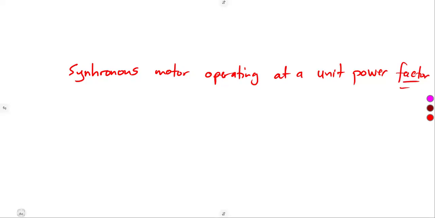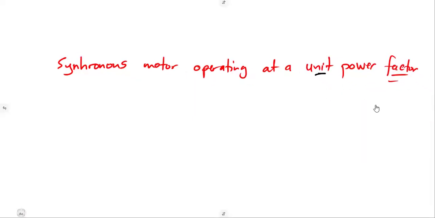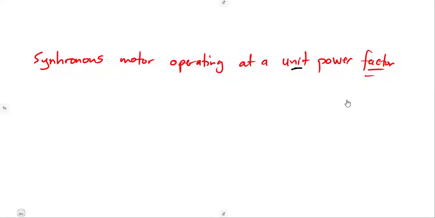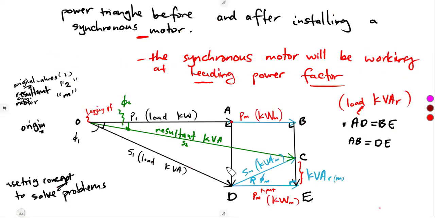This one is important on its own: unity power factor. Remember, power factor, it means the power factor of the synchronous motor is equal to 1. When it is equal to 1, it means we are not going to have this part here. There is no angle that we are going to have there because it is directly equal to 1.